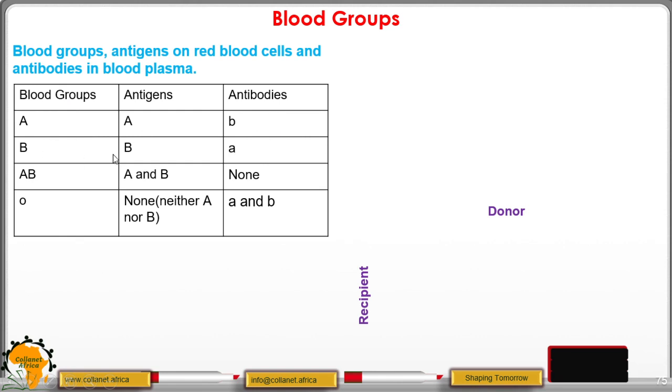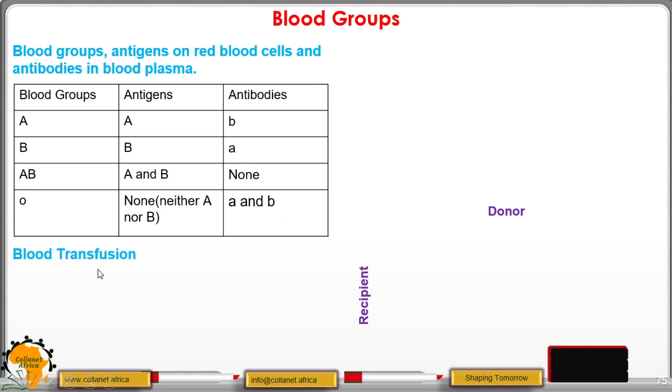Blood group B will have antigen B, antibody a in small letters. AB blood group has antigens A and B, but no antibodies. That is to avoid the clumping together of the red blood cells. Blood group O has no antigens, but will have both antibody a and b.